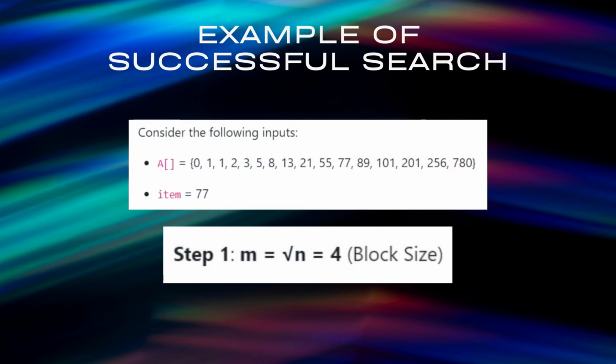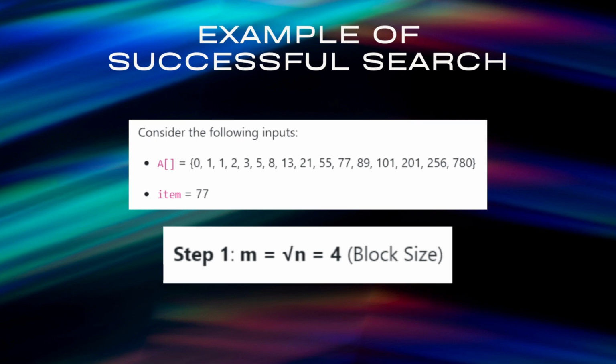So, let's have an example of a successful search. Consider the following inputs. The array: 0, 1, 1, 2, 3, 5, 8, 13, 21, 55, 77, 89, 101, 201, 256, and 780.